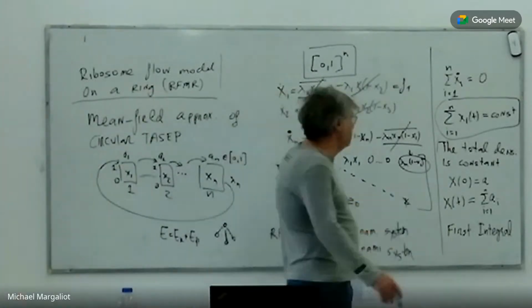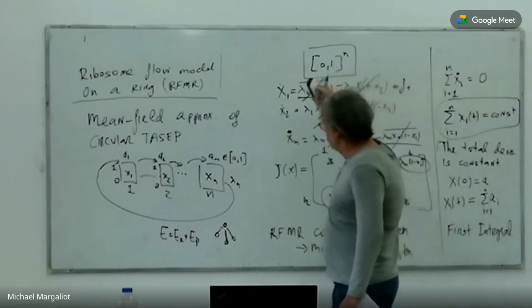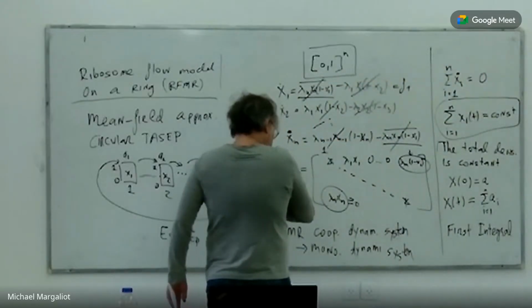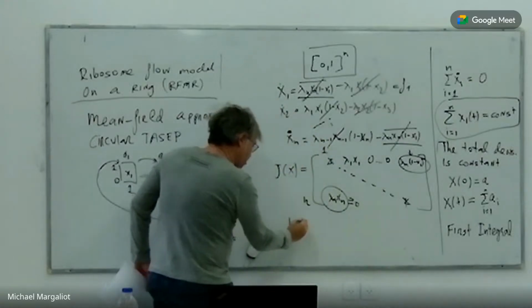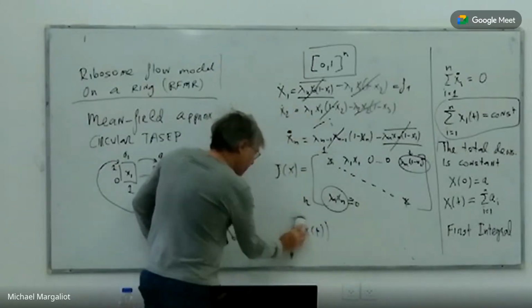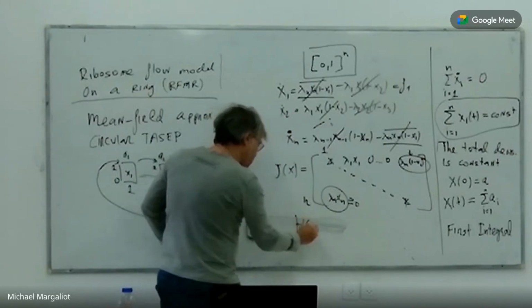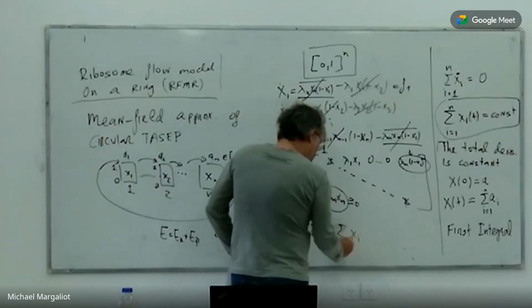So in this case, the first integral of the motion, if you like to write it explicitly, is, I don't know where to erase, let's erase here. The first integral of the motion, maybe we can write it like this, H(x) = sum of xi.